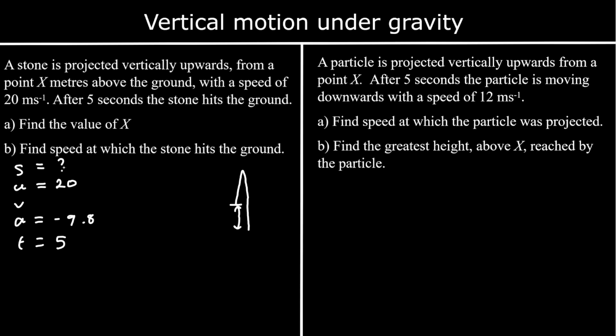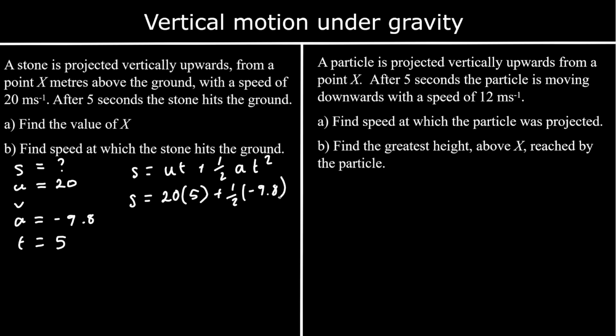The formula without v in it is s equals ut plus half at squared. So we have s equals 20 times 5 plus half of minus 9.8 times 5 squared.